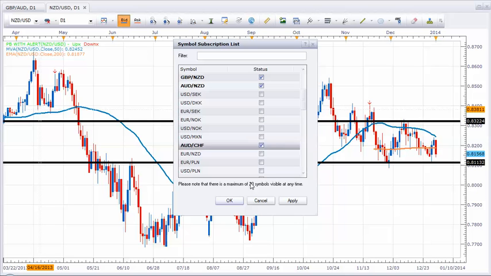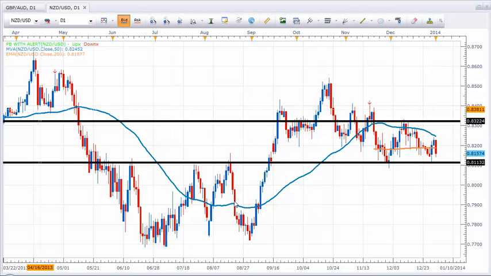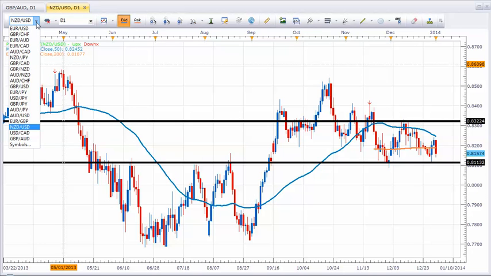It only allows 20 symbols, which is a little disappointing, a little annoying. So I never counted how many currency pairs I looked through. I don't know, it must be like 30 or 40, I guess. Probably not 30. I'd say it's 25. Those were the ones I just added.